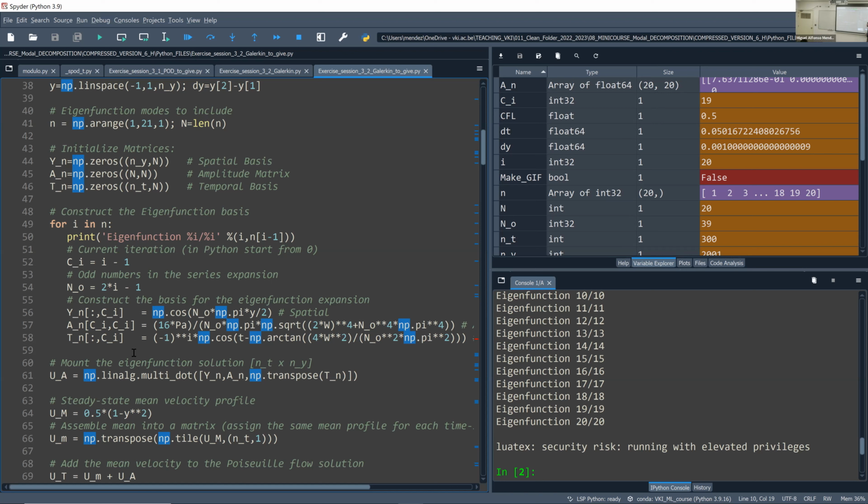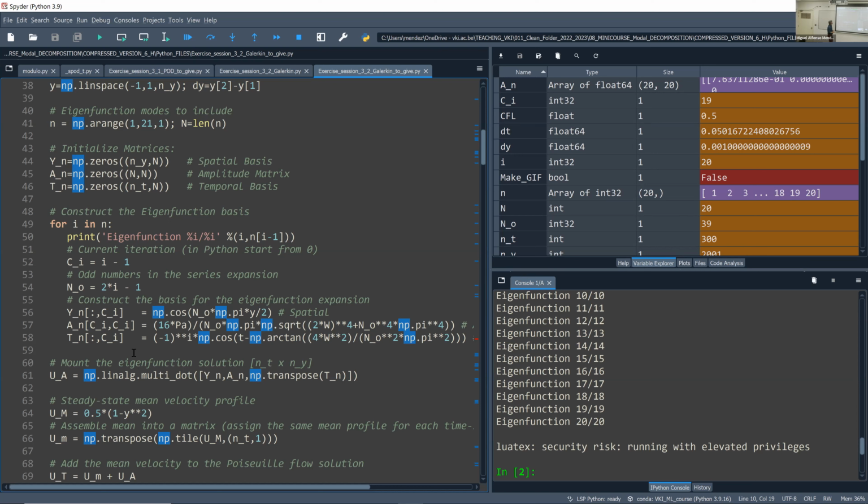Okay, so your data is going to be capital Y times A times T, where this plays the role of psi, this plays the role of sigma, and this plays the role of phi. But you have an analytic expression for each of them.